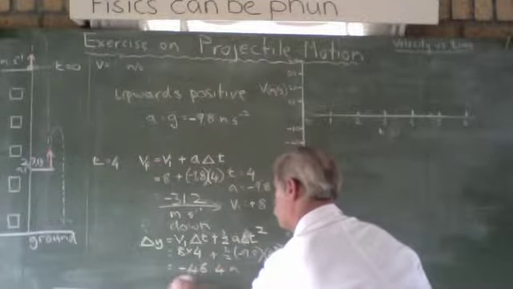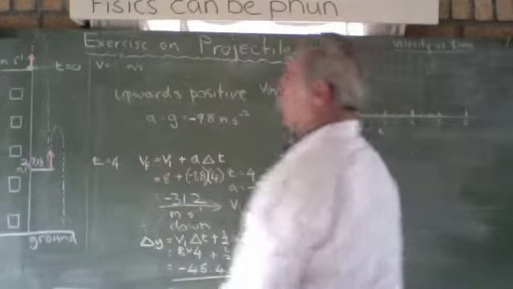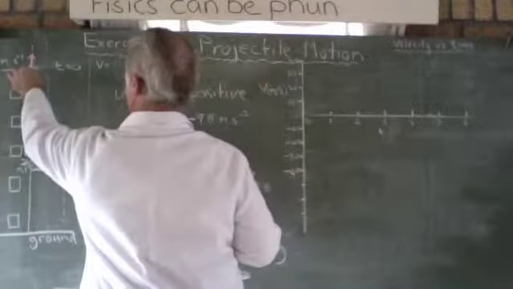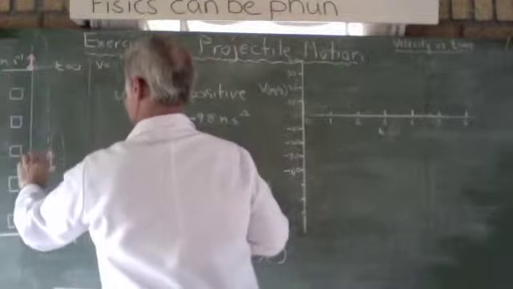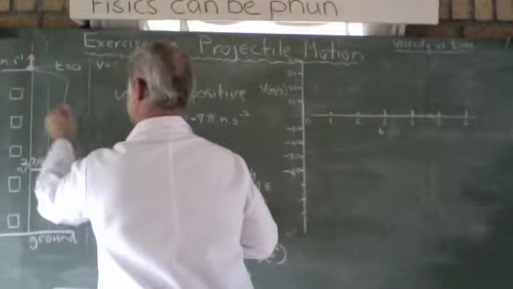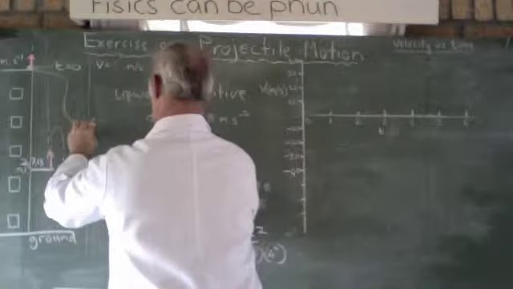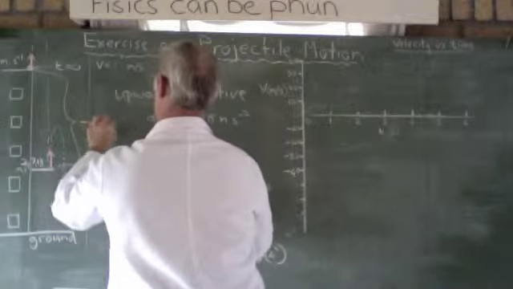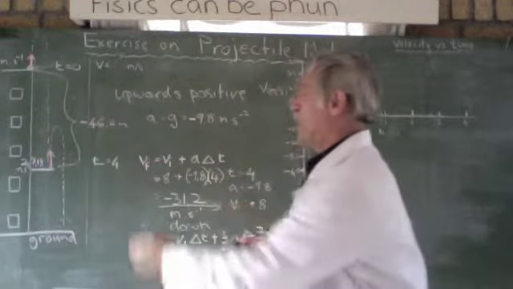So what it's telling you is that from where we started to there is downwards, minus 46.4 meters. So what is the height of the building from the ground?